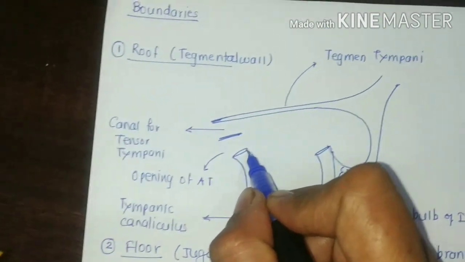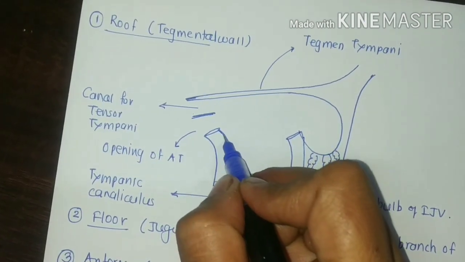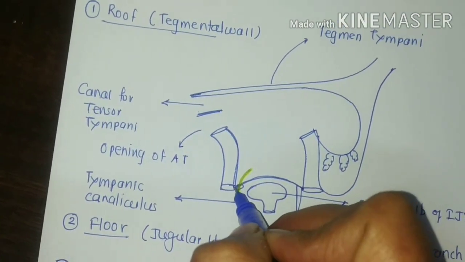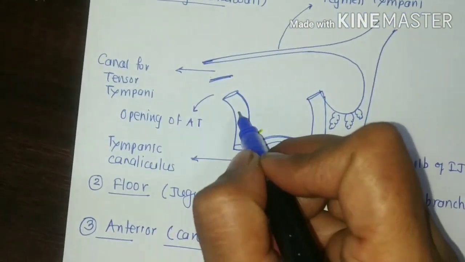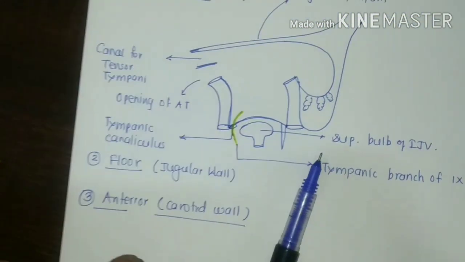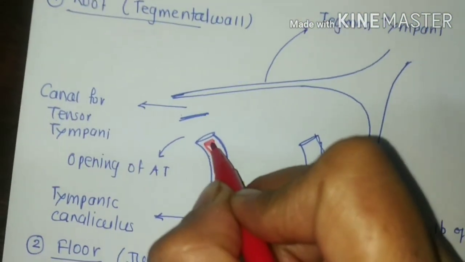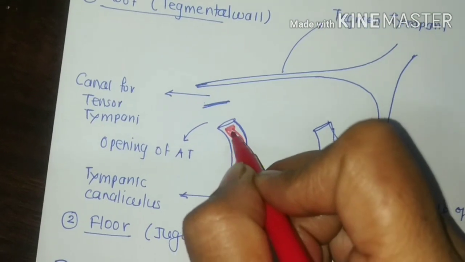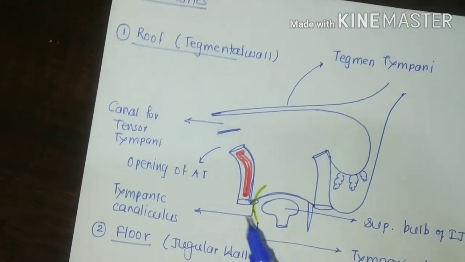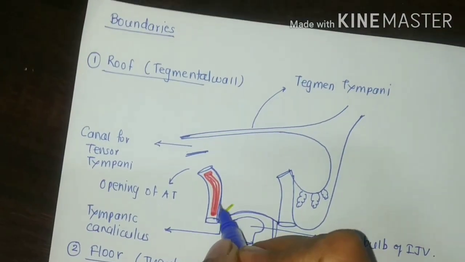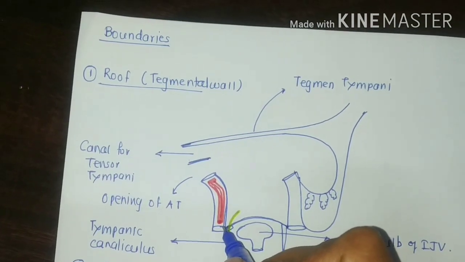Inferiorly there is a thin plate of bone which is forming the posterior wall of carotid canal, which separates the middle ear from the internal carotid artery. Now in this carotid canal there lies the internal carotid artery, which is separated from the middle ear by means of this plate of bone, which is forming the part of anterior wall of middle ear cavity.